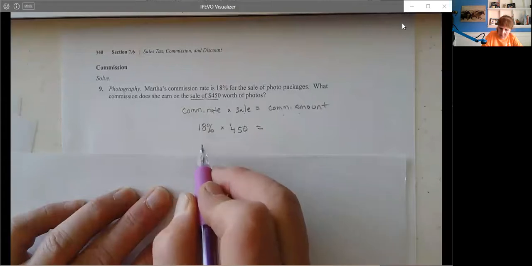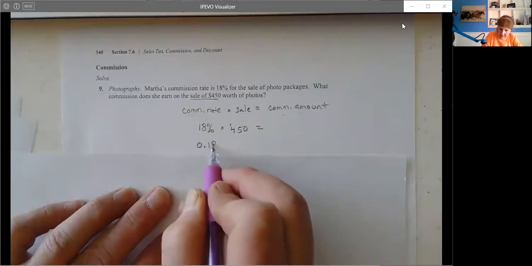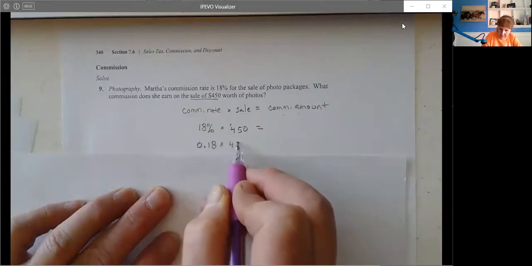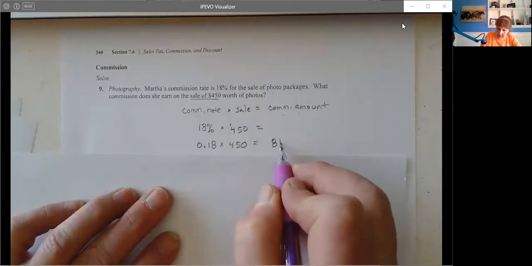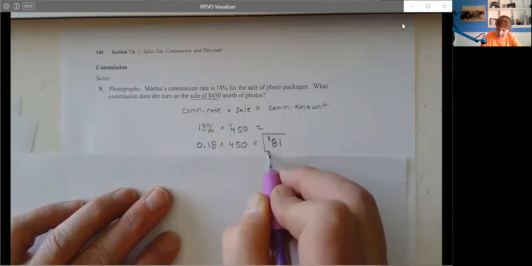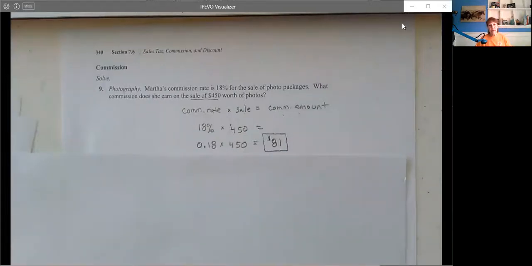Move the decimal over twice, and multiply those together, and that's your commission amount. So 0.18 times 450. $81 is what you would make in commission. All righty, so we're just filling that in.